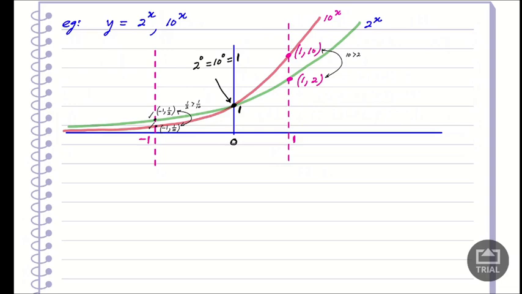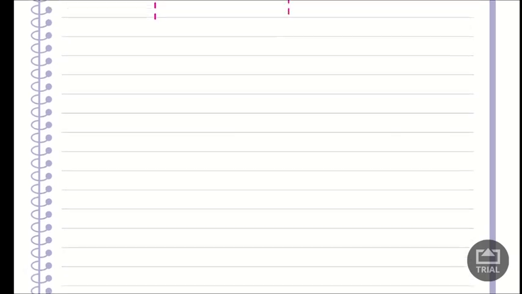Now let's think about variations. We will try to play with it now.